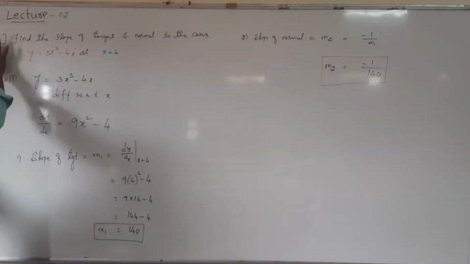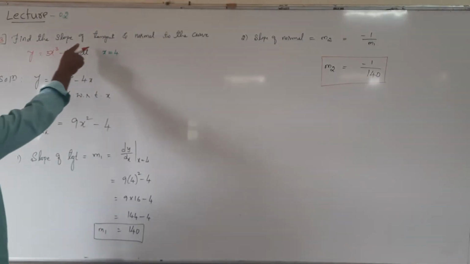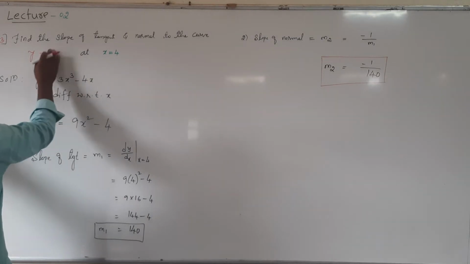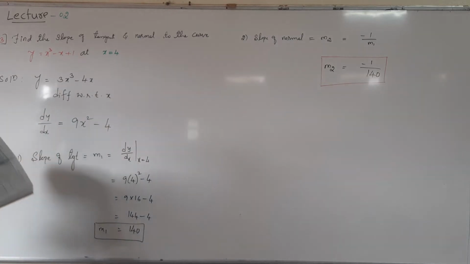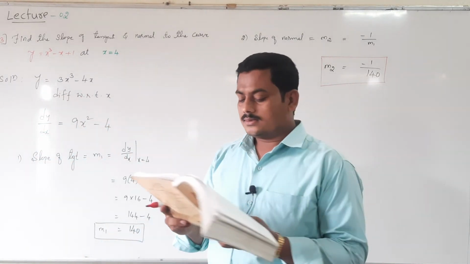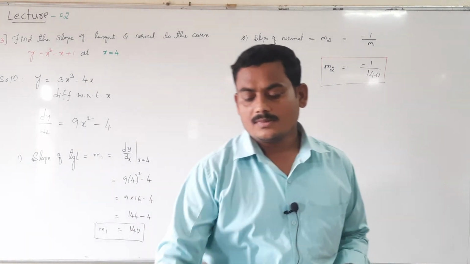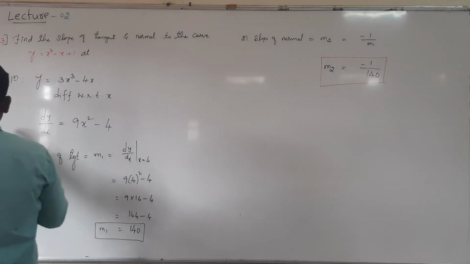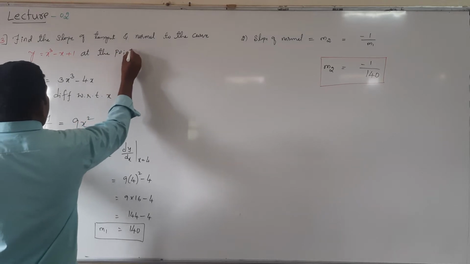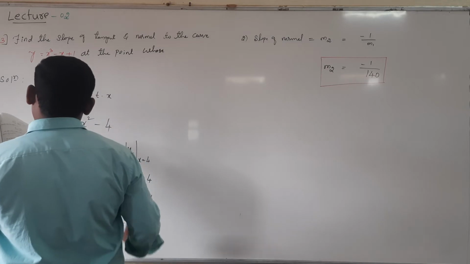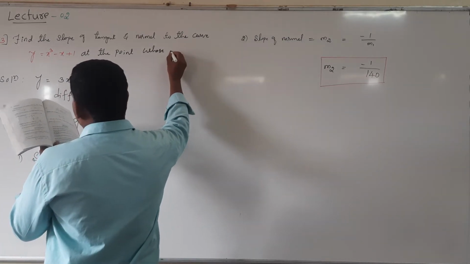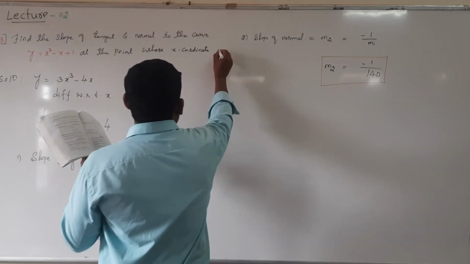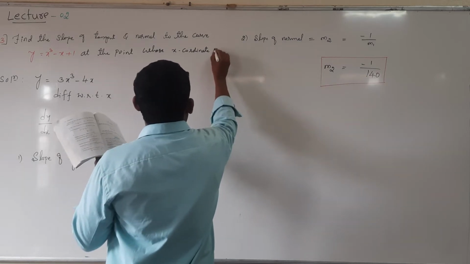That is question number 3. Find the slope of tangent and slope of the normal to the curve y is equal to x cube minus x plus 1 at the point whose x coordinate is 2.